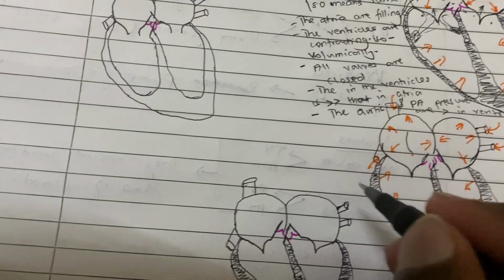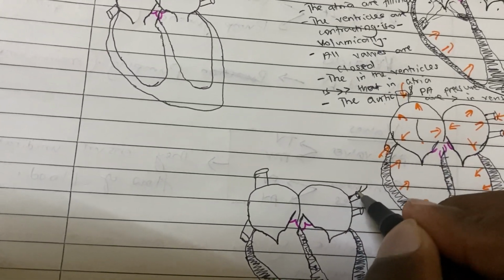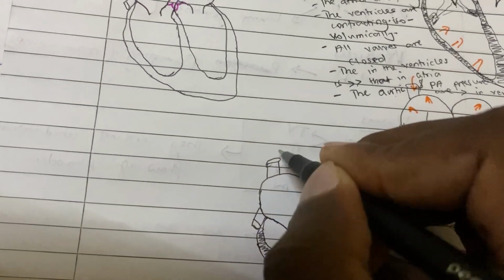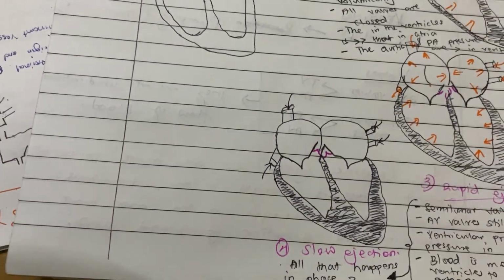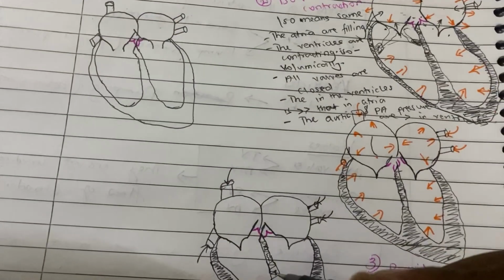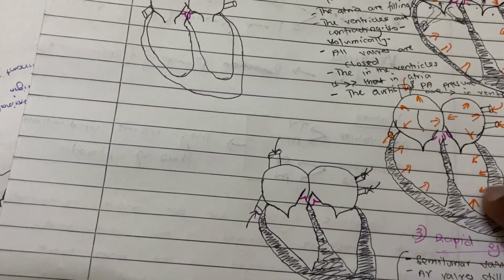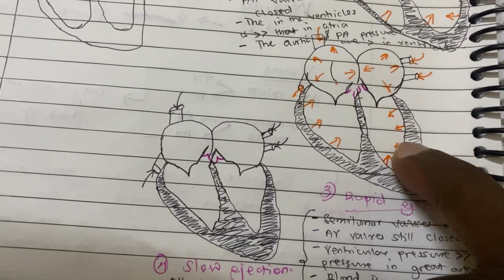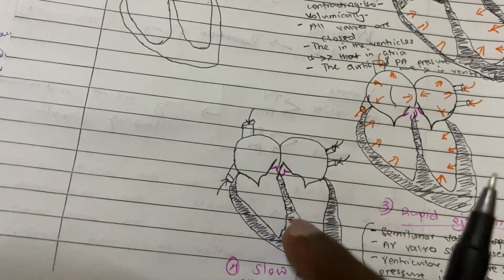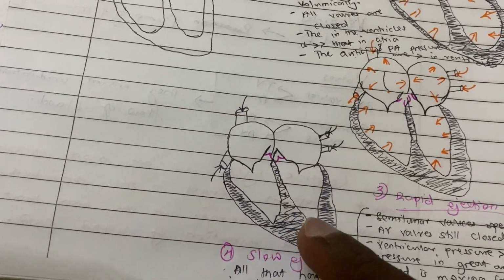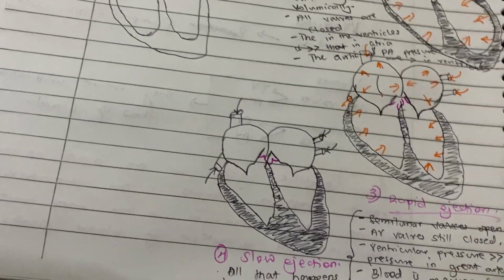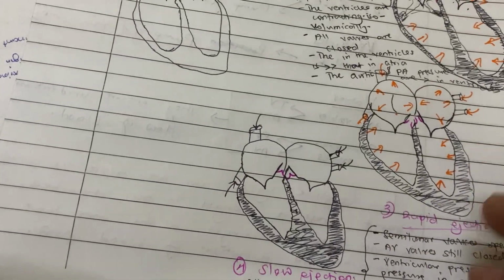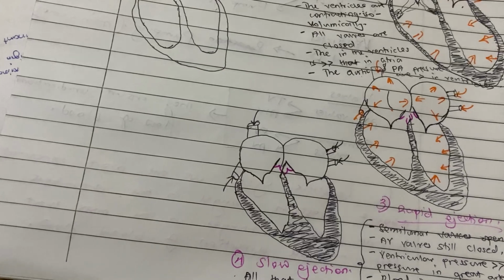Isovolumic relaxation, blood is still flowing through the arteries coming out and veins coming to the atria. When you see these ventricles, they are larger than these ones. Here they have finished their systolic function, and now at the end of systole they look smaller compared to how they were looking in diastole.